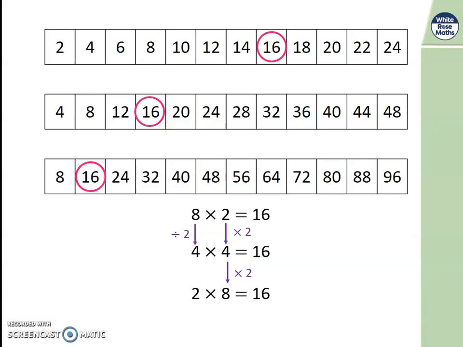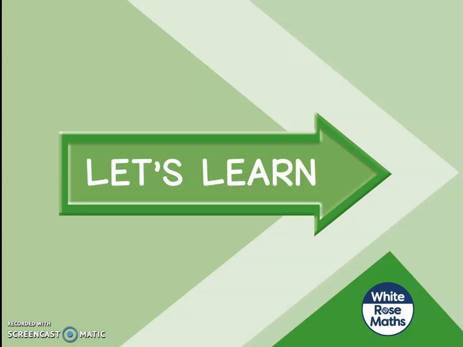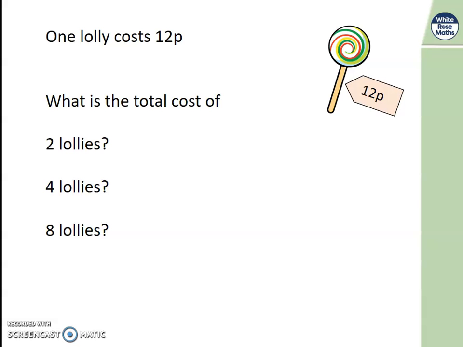So 8 divided by 2 is 4. 4 divided by 2 is 2. So they've got a connection there. Let's continue. We are going to be focusing mainly on our 2, 4 and 8 times table. That's why we've just looked at that little trick to help us get more fluent with our multiplications and divisions.